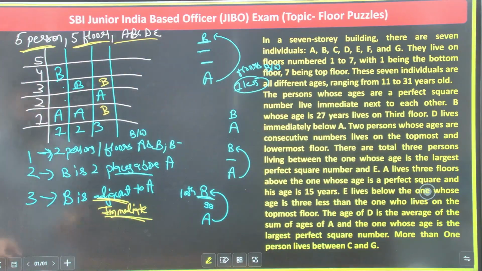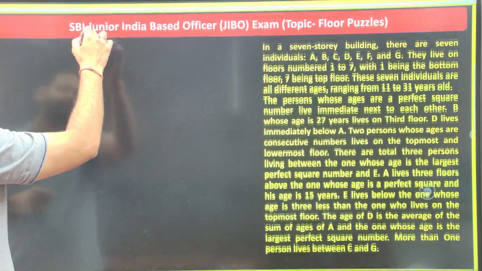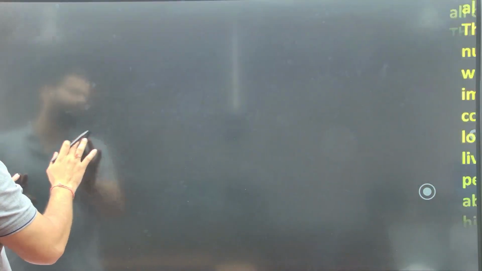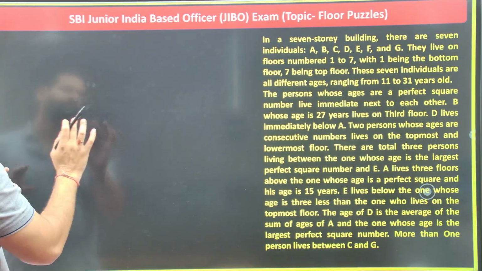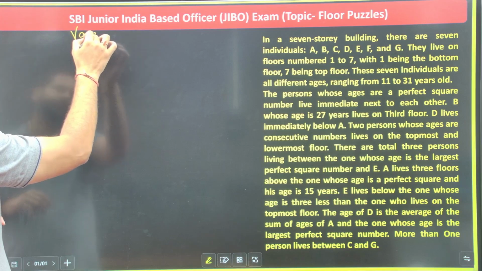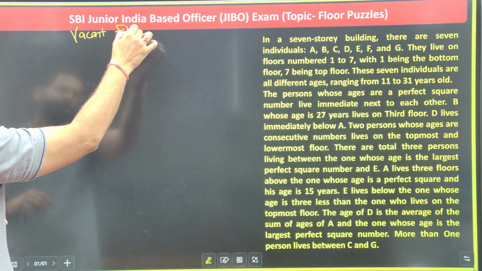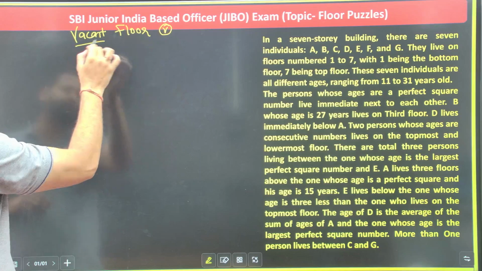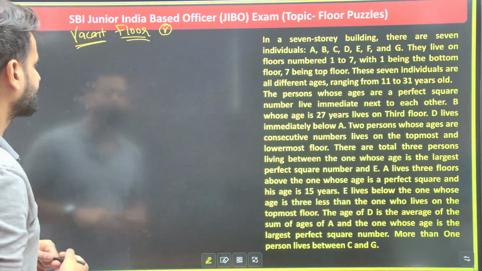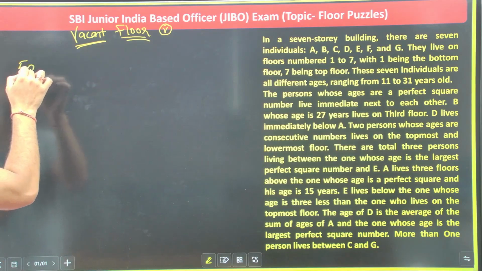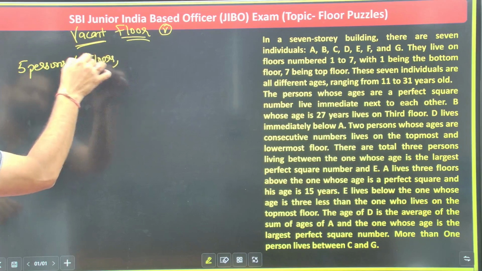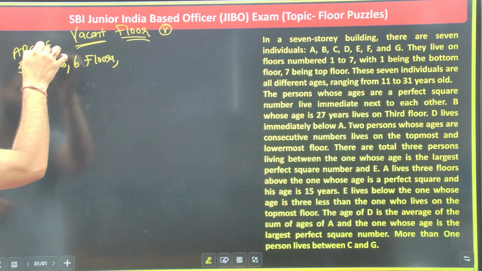Let us understand the next case, that is the case of vacant floor. I generally mention a vacant floor as V, putting that in a circle. Now let us suppose there are 5 persons, A, B, C, D, E, but floors are 6.